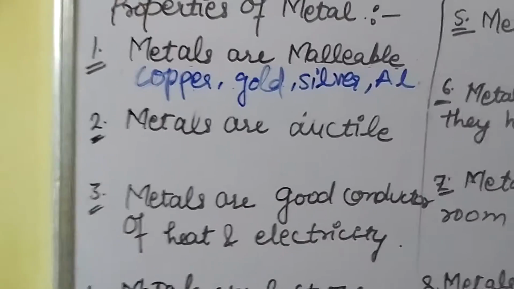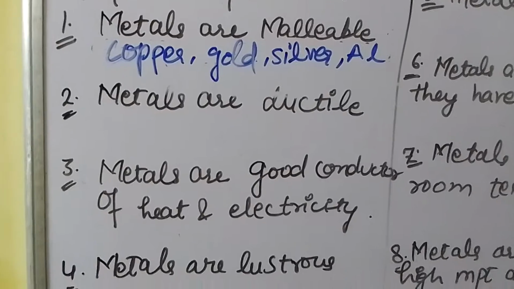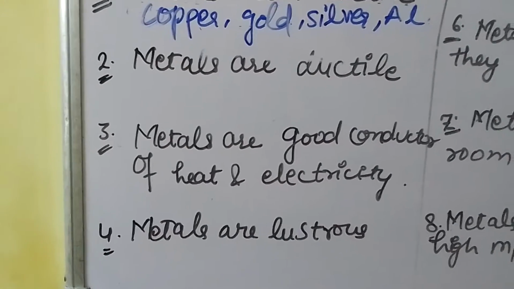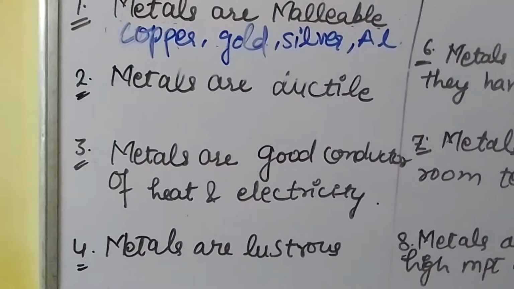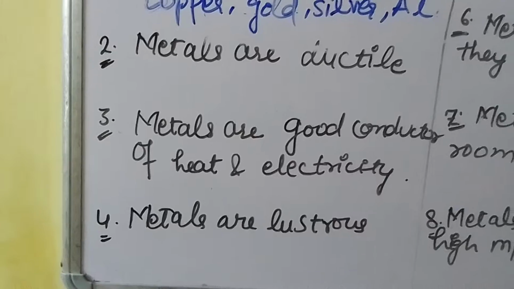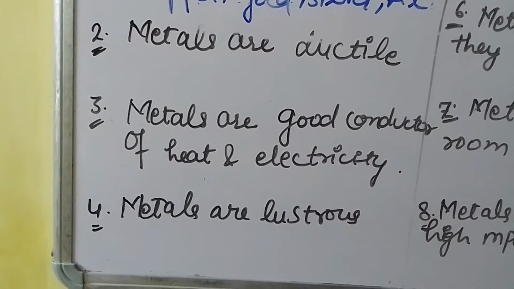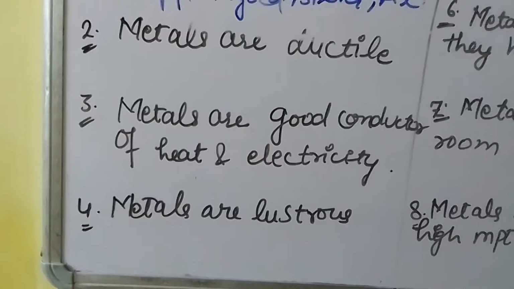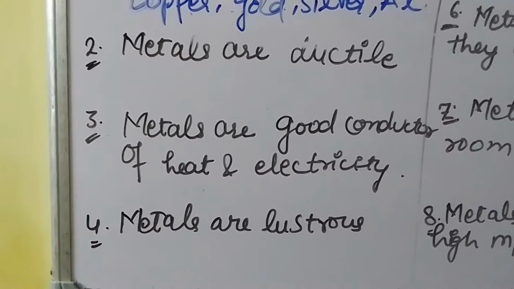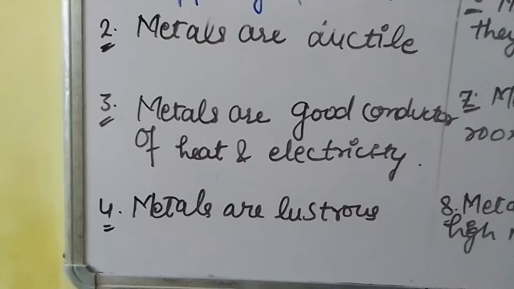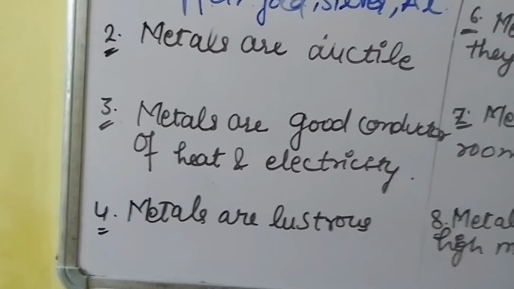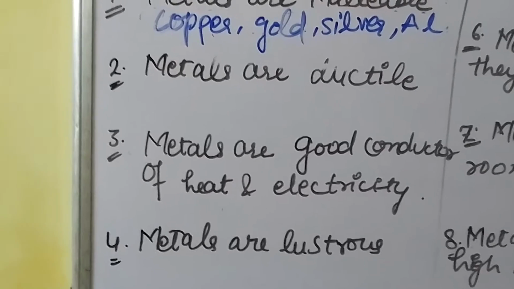Now let's talk about another property: metals are ductile. Ductile means metals can be drawn into thin wires. For example, gold and silver are the best ductile metals. Can you imagine, 100 milligram of a highly ductile metal like silver or gold can be drawn into thin wires about 200 meters long.